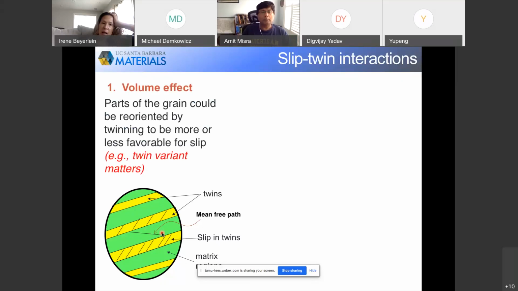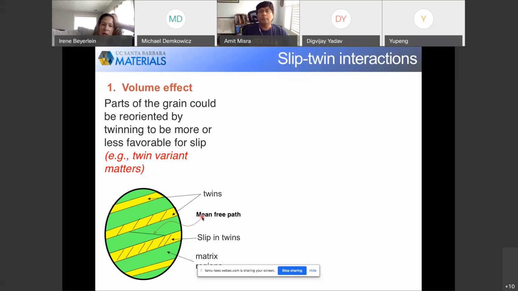By reorienting parts of the grain, you could then initiate a different type of slip within those twins, and that slip could be either more or less favorable. So that could affect slip in one way.